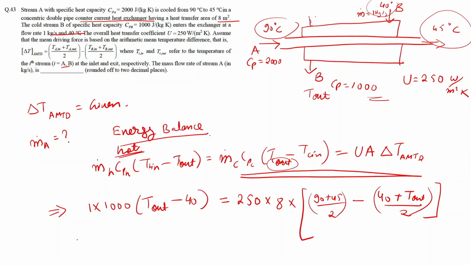So from here we can write this as 1000 into T out minus 40 is equal to 250 into 8 will be 2000, into 90 plus 45 by 2 will be 67.5 minus, let's just keep it as 40 plus T out upon 2.